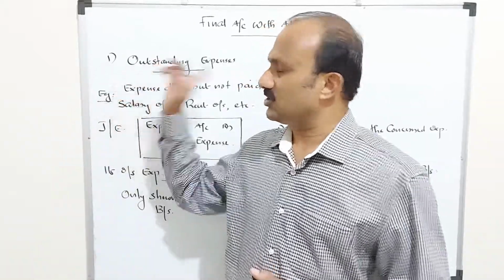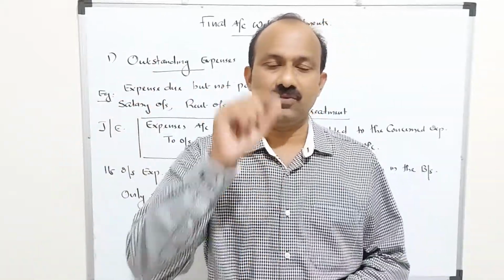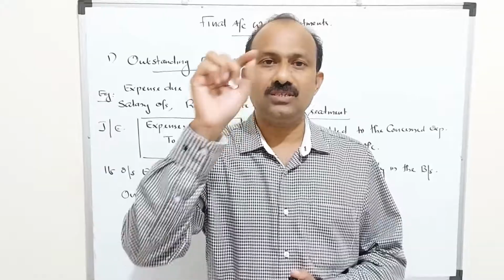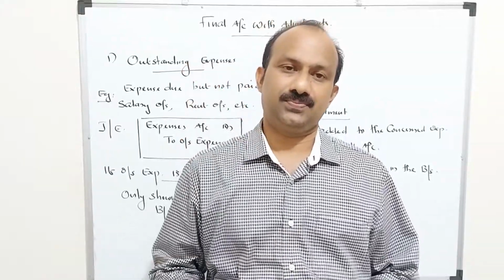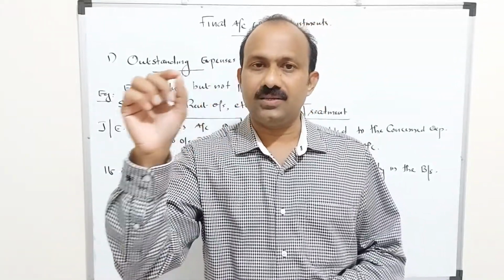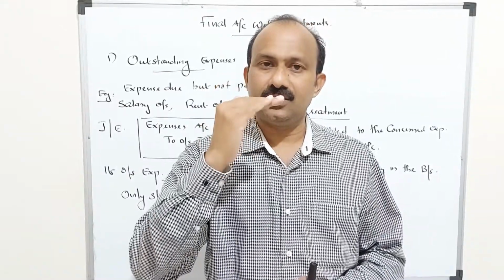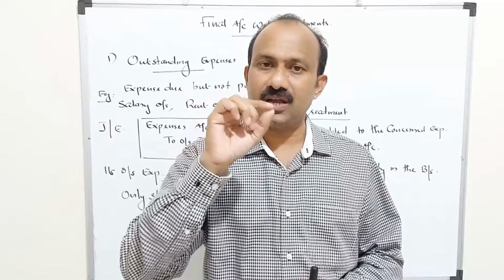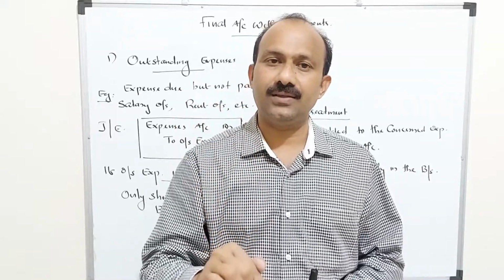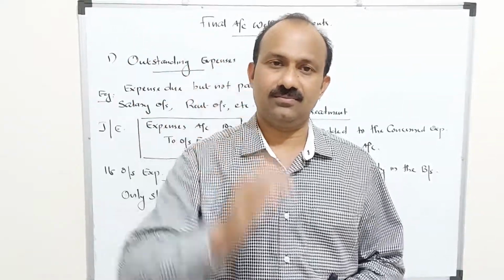The first adjustment in the financial statement or the final account is outstanding expenses. What is the exact meaning of outstanding expense? It means those expenses which are due during the current year but not paid.